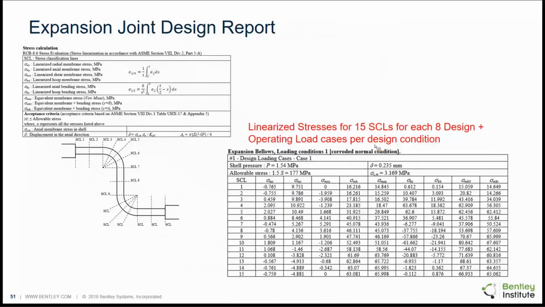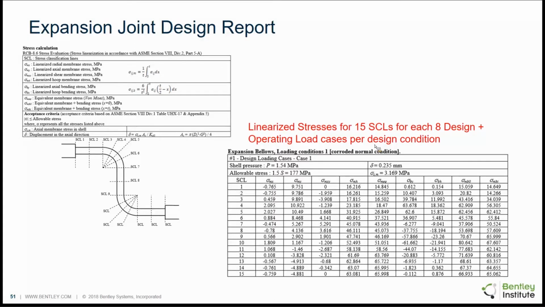So it explains you a little bit about the equation of the stress linearization, and it explains what the symbols mean for the various stress components, and also the acceptance criteria. On the right, you can see there are linearized stresses for 15 stress classification lines that we talked about at the beginning, and these are used.